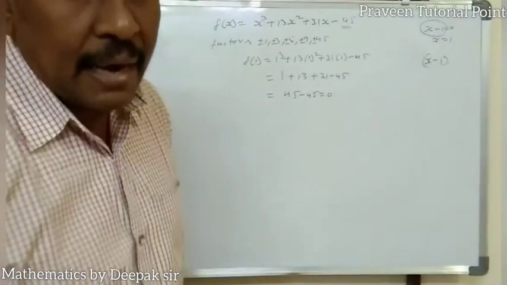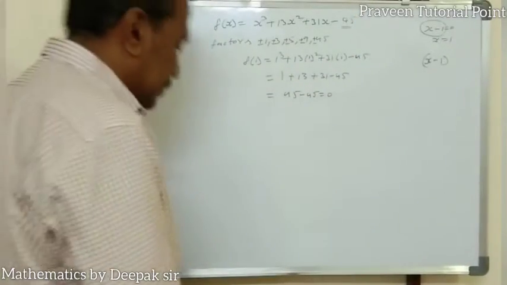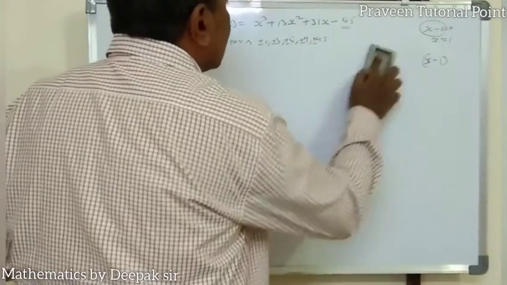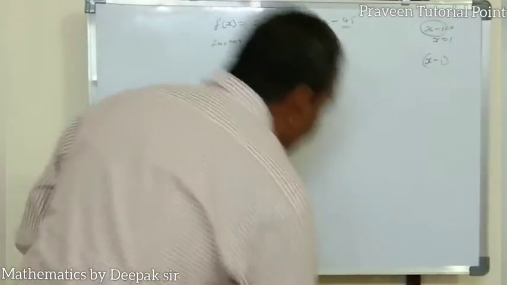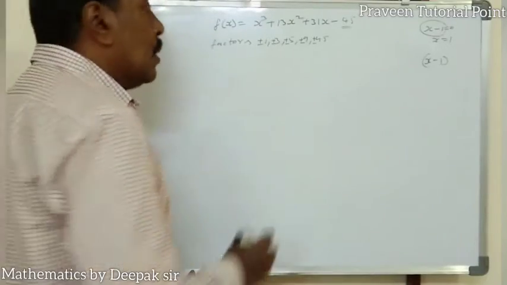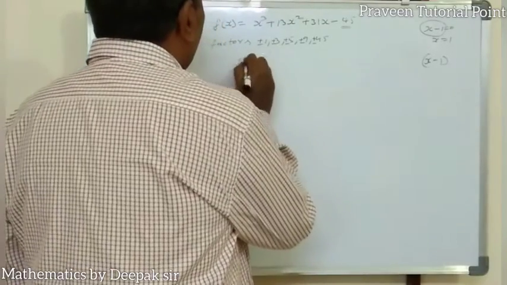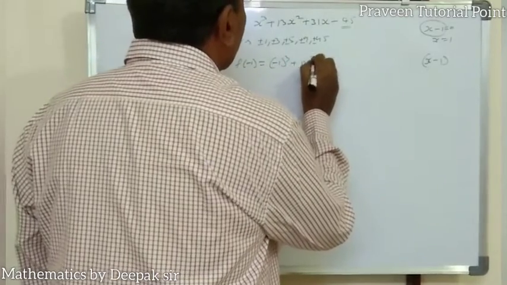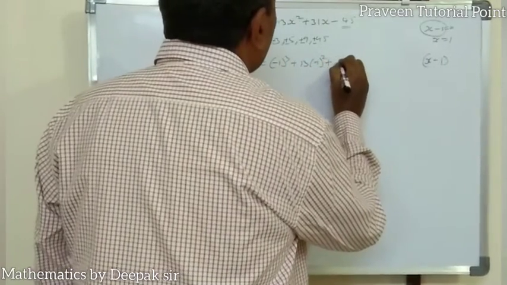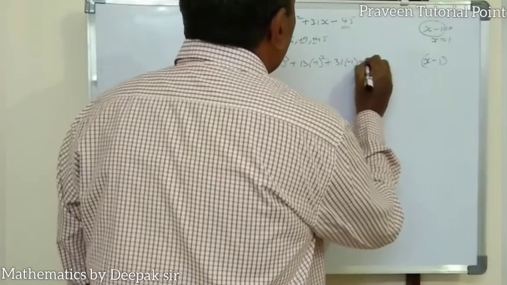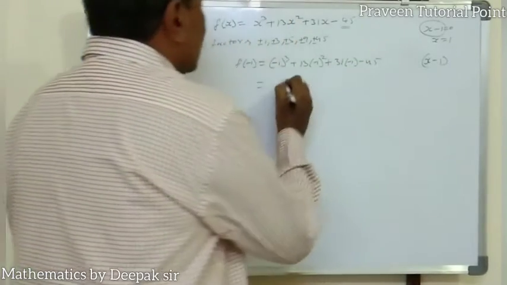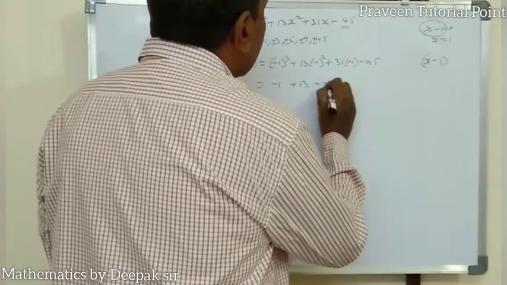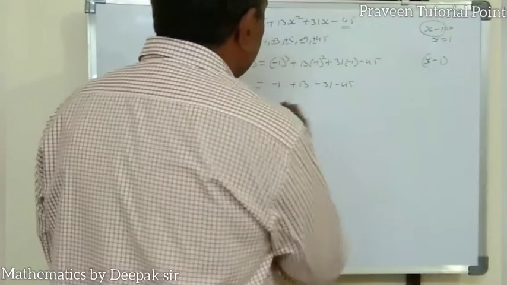So, we found one factor. We need to find two more factors, so for that we have to make some more trials. By taking x is equal to minus 1, f of minus 1: minus 1 whole cube plus 13 into minus 1 whole square plus 31 into minus 1 minus 45. Minus 1 whole cube is minus 1, plus 13, minus 31, minus 45.